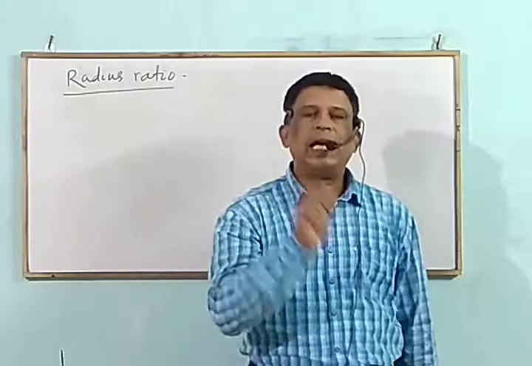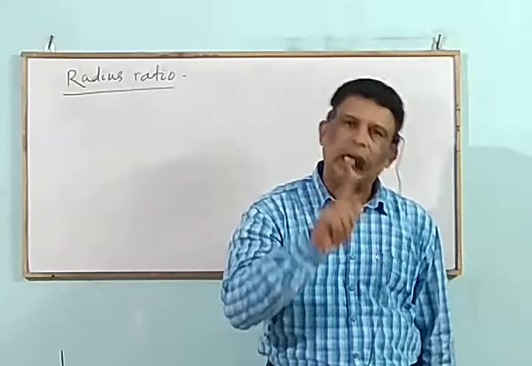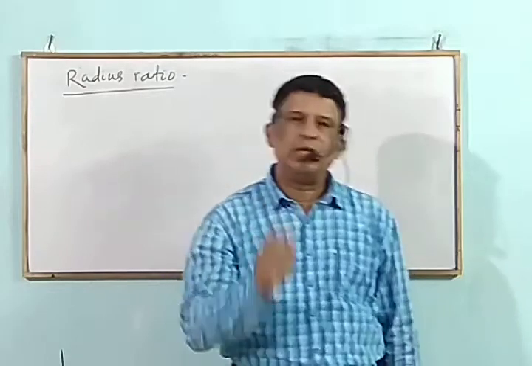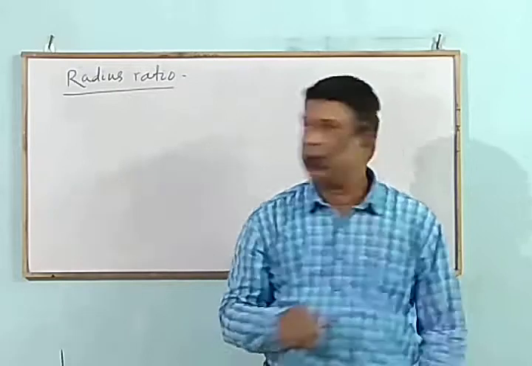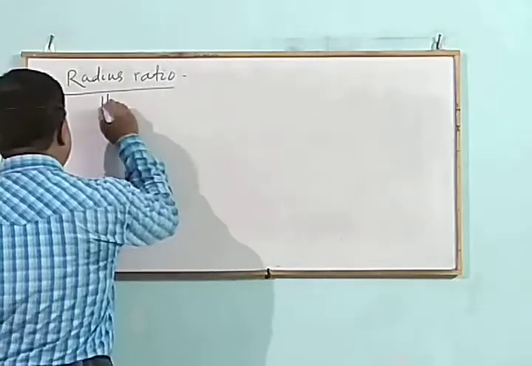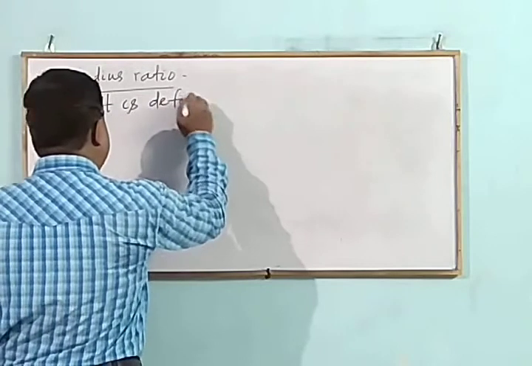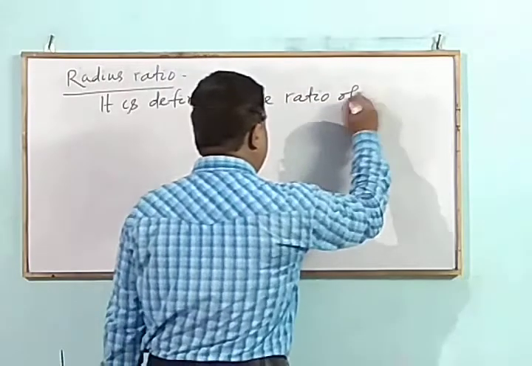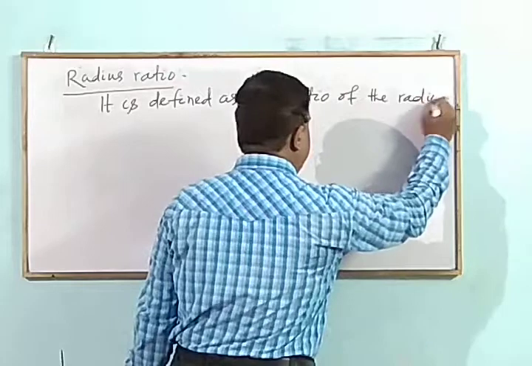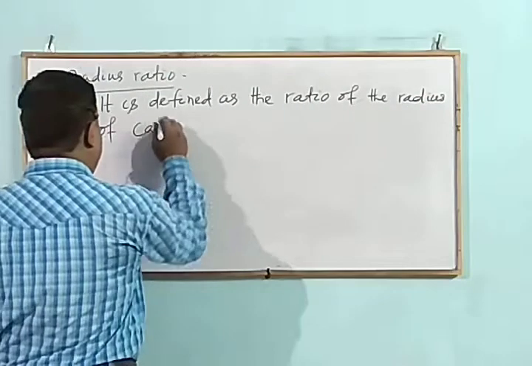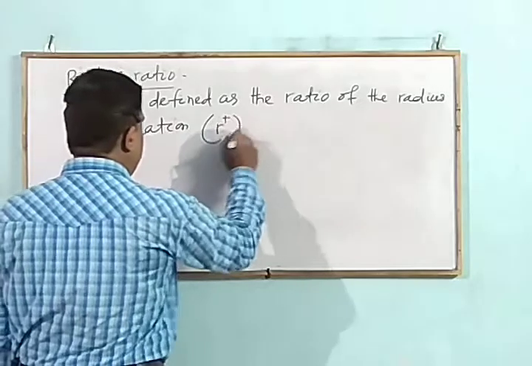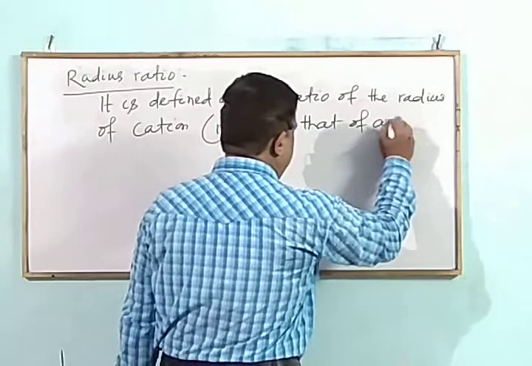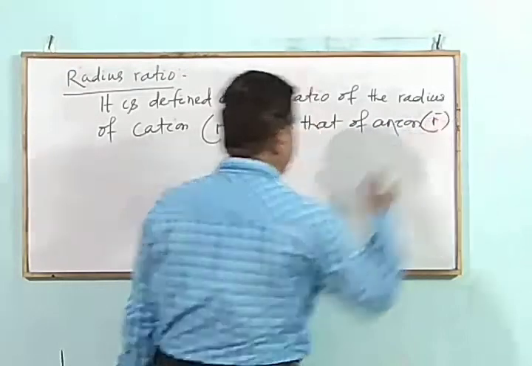And we know that in case of ionic crystal, the radius of the cation is always smaller than that of the anion, so the radius ratio value is always less than 1. Mark that. It is defined as the ratio of the radius of cation, symbol is r to the power plus, to that of anion, symbol is r to the power minus.